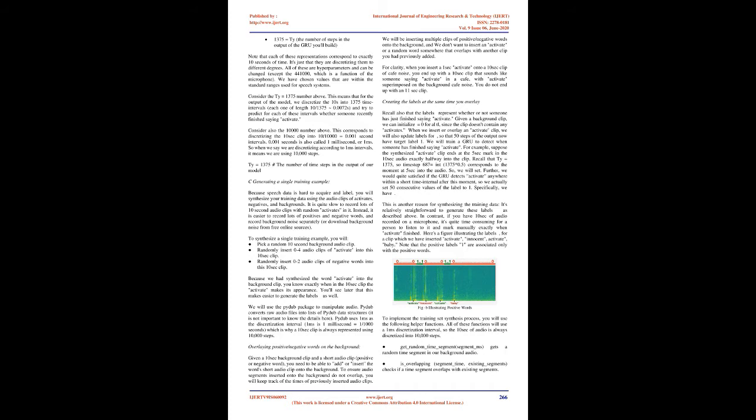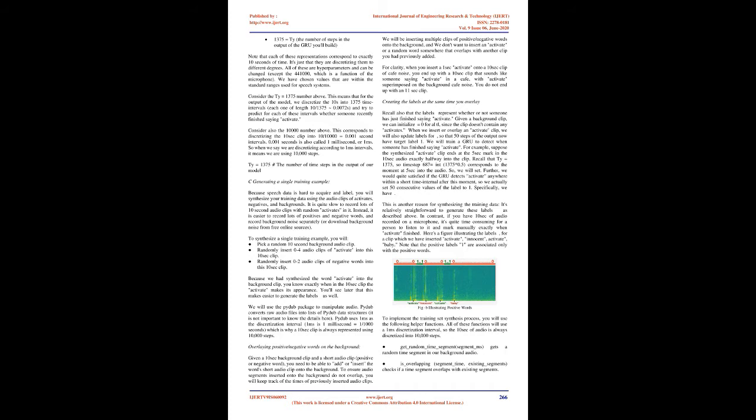Consider also the 10,000 number above. This corresponds to discretizing the 10 second clip into 10/10,000 equals 0.001 second intervals. 0.001 seconds is also called 1 millisecond. So when we say we are discretizing according to 1 millisecond intervals, it means we are using 10,000 steps. Ty = 1375 # the number of time steps in the output of our model.